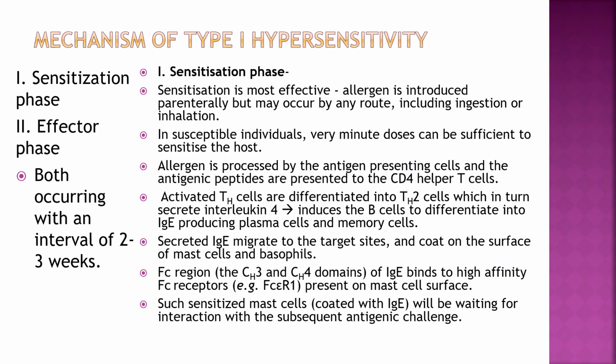Secreted IgE migrates to target sites and coats the surface of mast cells and basophils. The CH3 and CH4 domains of the Fc region of IgE bind to high affinity Fc receptors on the mast cell surface. Such sensitized mast cells coated with IgE wait for interaction with the subsequent antigenic challenge.